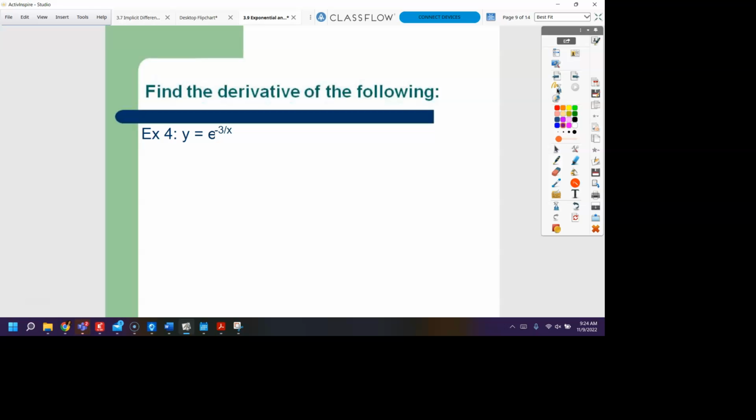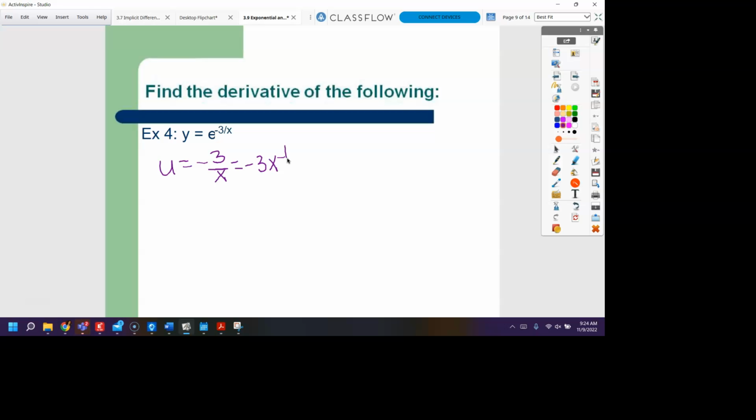Sometimes, when I showed it to you as e to the u and u prime, sometimes it's helpful to write down what u is outside of the problem. Especially for something like this, because you have negative 3 over x, which is really like negative 3x to the negative 1, right?